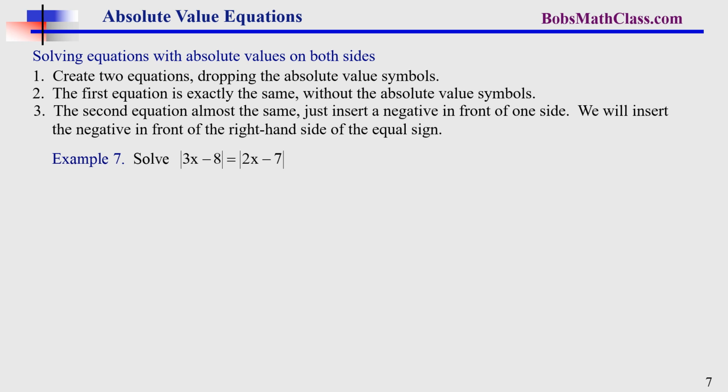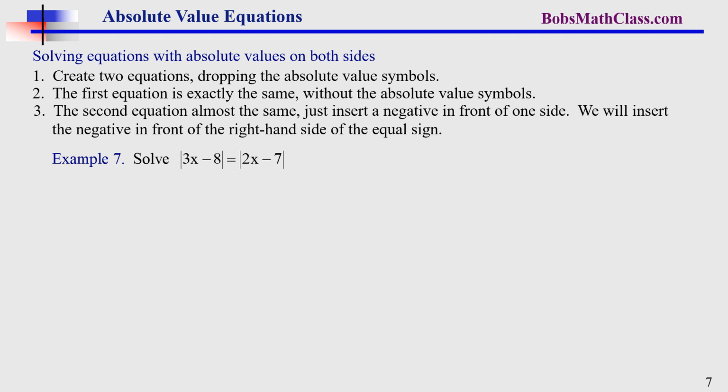Okay, here's our first example. So again, we're going to make 2 equations. The first equation, exactly the same, but drop the absolute value symbols. The second equation, almost the same, just insert a negative in front of the right-hand side.